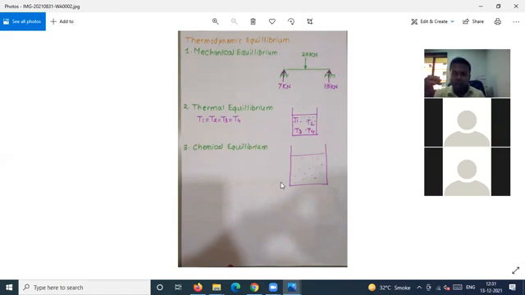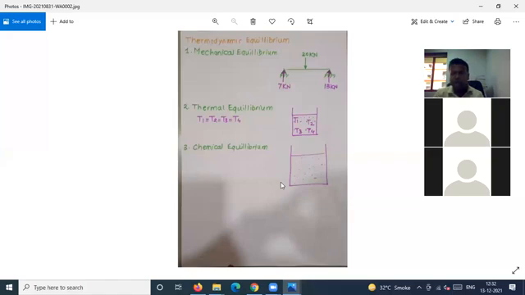So if a body needs to satisfy thermodynamic equilibrium, it has to satisfy mechanical, thermal, and chemical equilibrium.